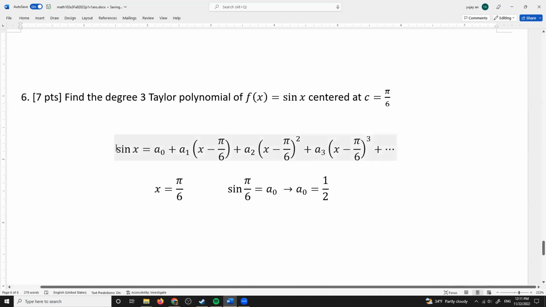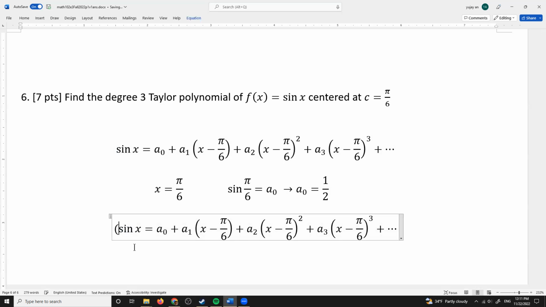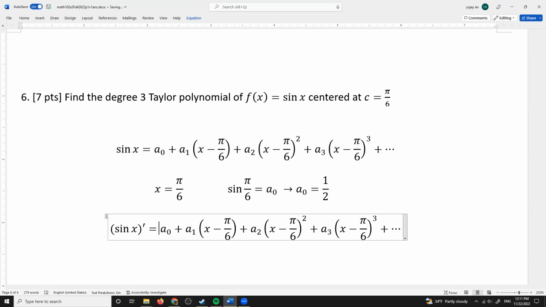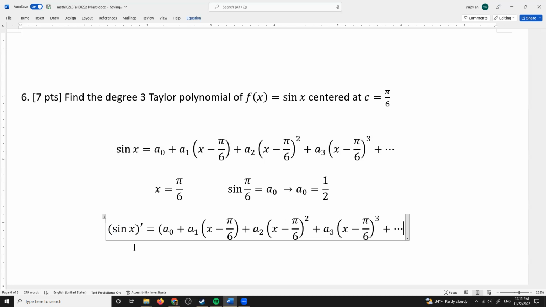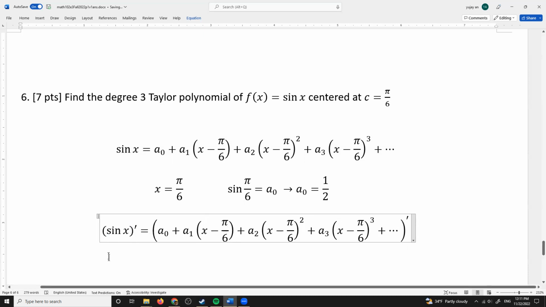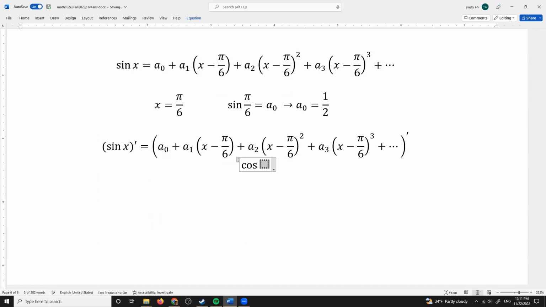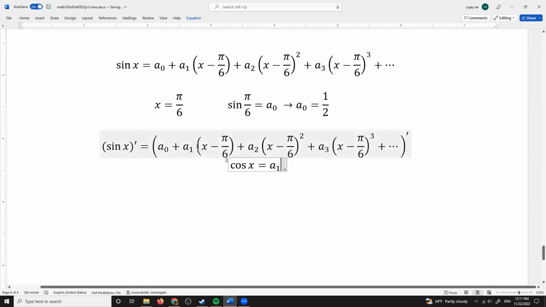But then you take this and you differentiate both sides. The end result of that derivative is you get cosine of x on the left side. a0 goes away, a1 stands by itself because this differentiates to 1.